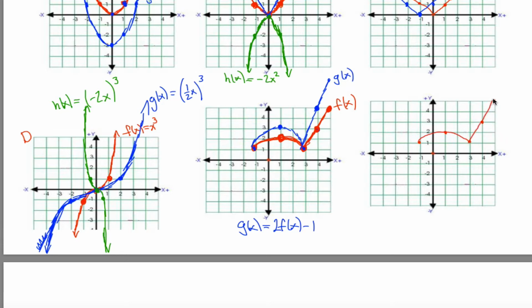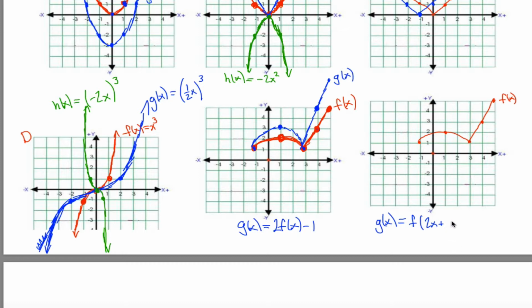And I don't have an equation for it, but that's okay. I'll just call it f of x. And what I'm going to try to do now is figure out g of x equals, I don't know, how about f of 2x plus 2.